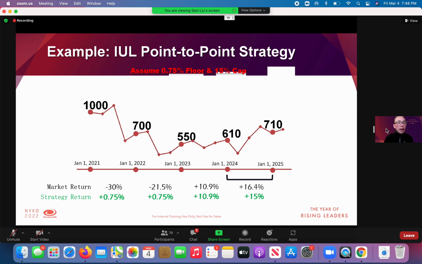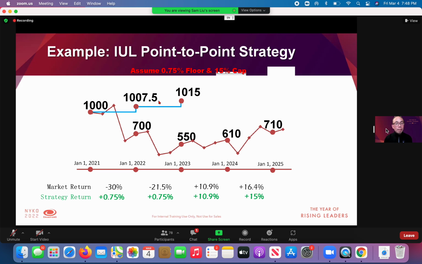Let's put it in play. So actually, I have $1,000. Do you agree that after a few years, I lose money? I only have 710. But because I have a floor and a 15% cap, guess what happened? The first year, market dropped 30. I actually got 0.75. I make $7. Not bad.